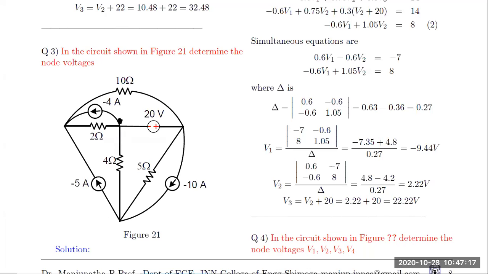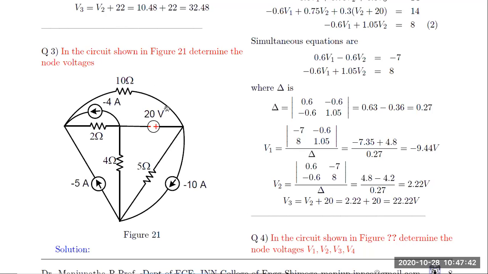Next, the current is moving away: plus of minus 4, plus of minus 4 ampere. For this one we continue the equation: V3 minus V1 by 10, V3 by 5.